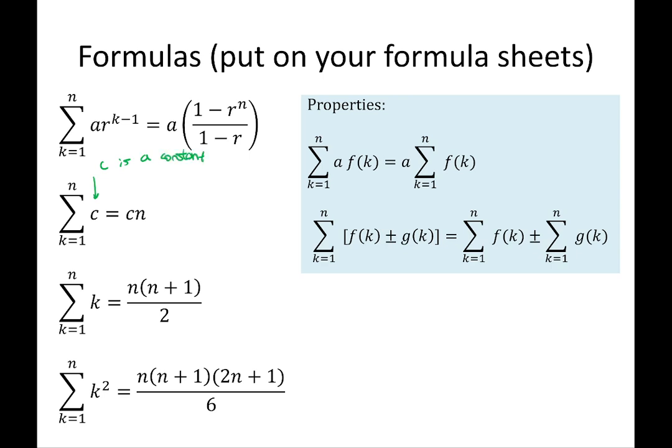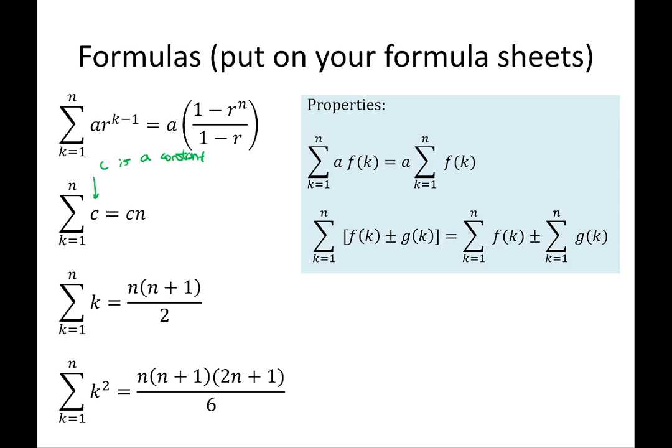So what this is like is the sum from k equals 1 to n of, let's say, 3. So it'd be 3 plus 3 plus 3 plus 3 n times, which is like 3 plus 3 plus 3 10 times, which was 3 times 10, except it isn't necessarily 3, it's some number c, and isn't some number 10, it could be some number n. So instead of 3 times 10, it'd be c times n for the most general case.